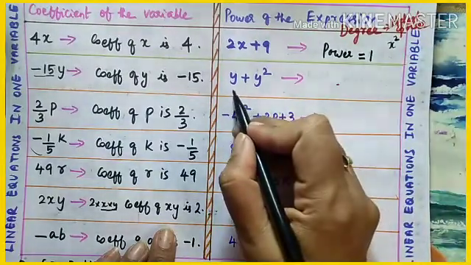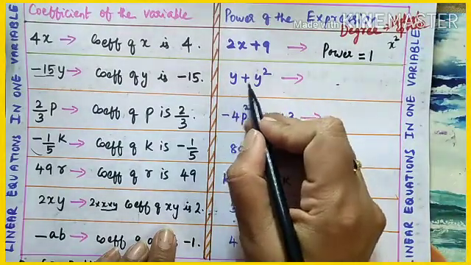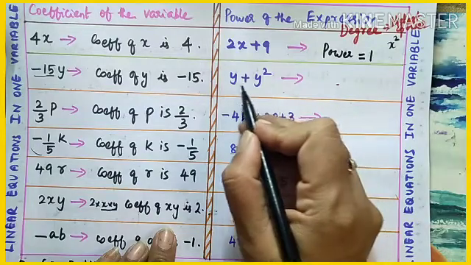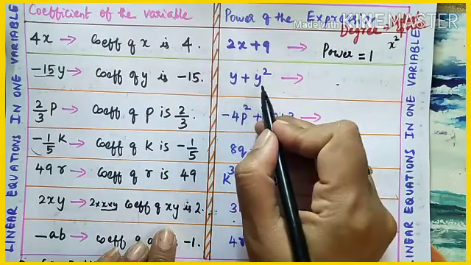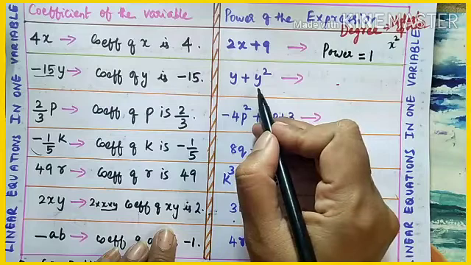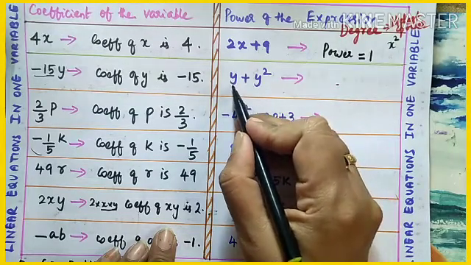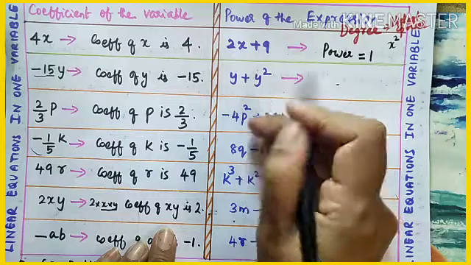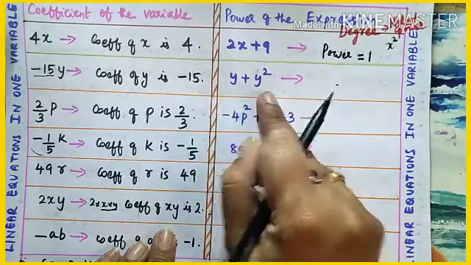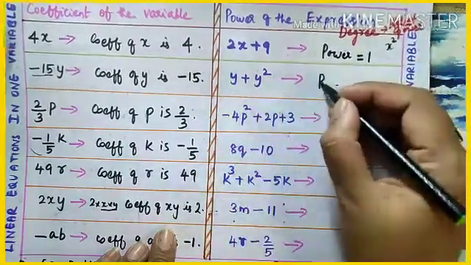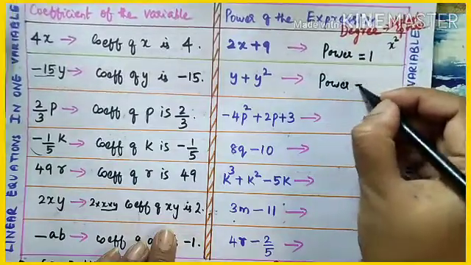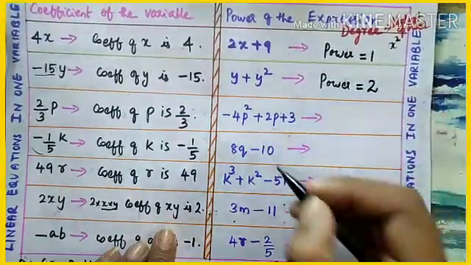Now you see the second one, y plus y square. In this expression, which is the highest power? Here you can see y is a variable, y square is also a variable term. So when this type of expression comes, you want to take the highest one. So power of this expression is 2.